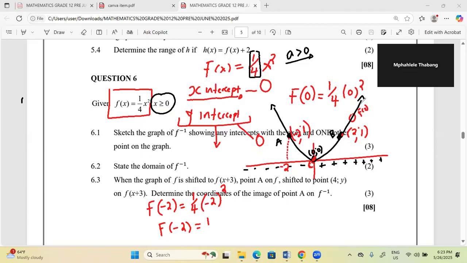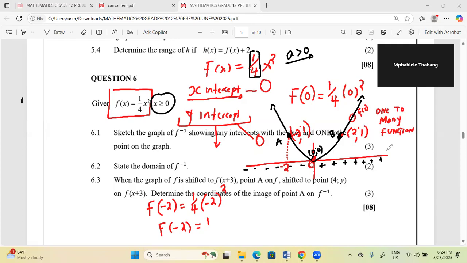We found the restriction. We are looking at it on the positive values of x and also on the negative values of x. So this quadratic function f of x, we notice that it is a one to many function. And you guys, grade 12s, you must know what is a one to one function and also what is a one to many function.